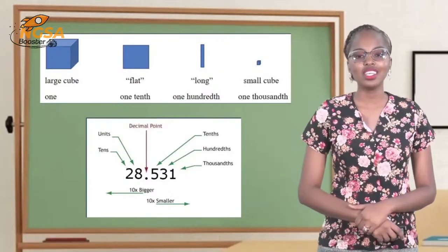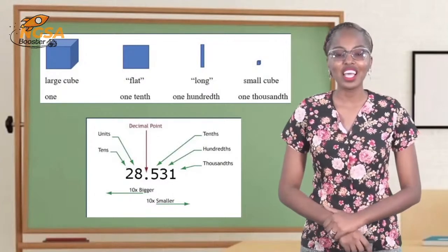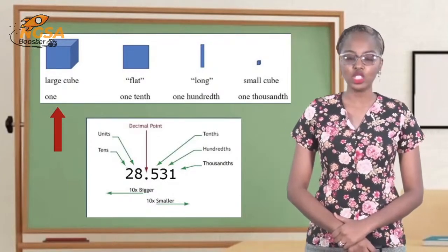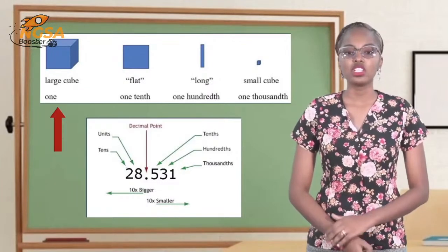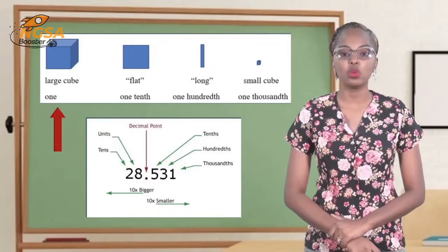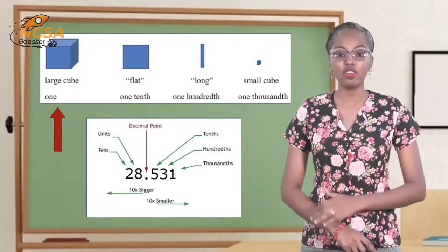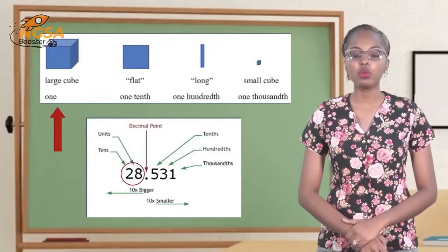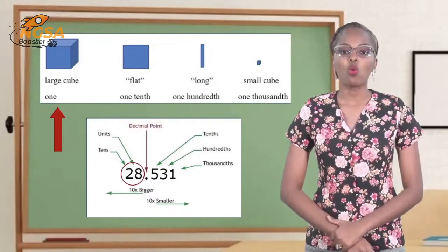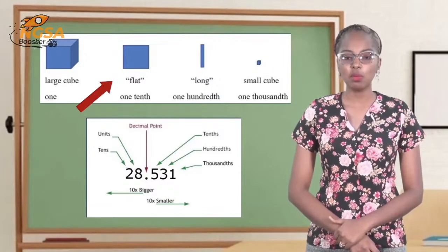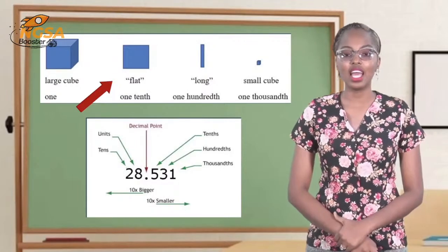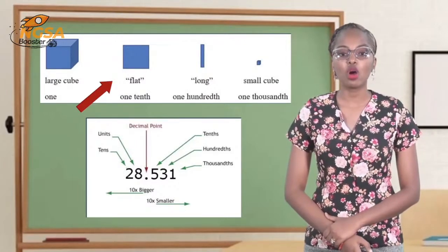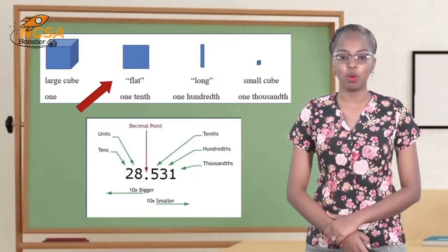Look at the other image on the screen. There you would see some colorful cubes. The first cube, which is a large cube, is used to represent whole numbers, such as the one in the figure 28.531. The whole number there would be 28, while the flat image or the square is used to represent tenths. Those are the numbers that come exactly after the point.